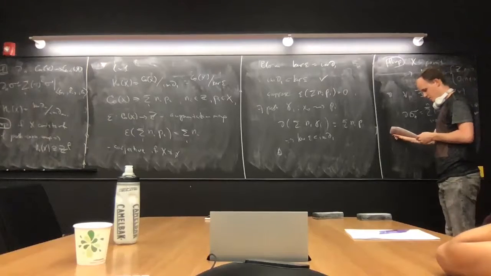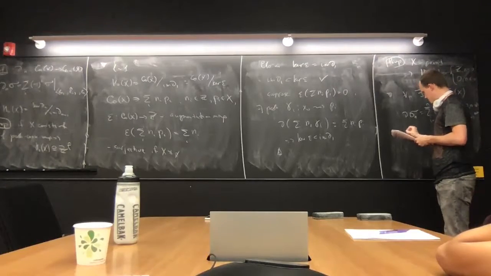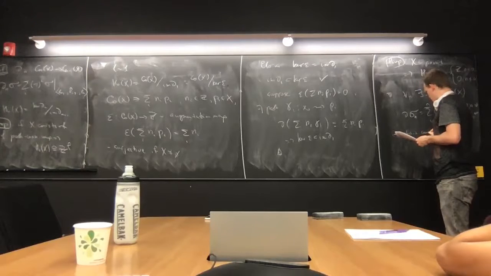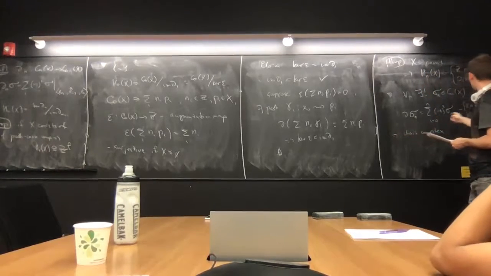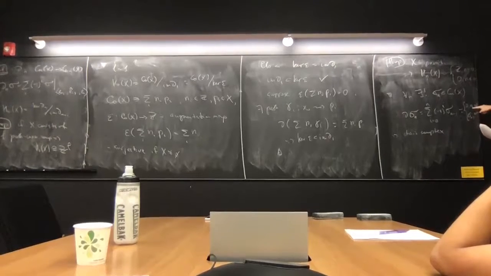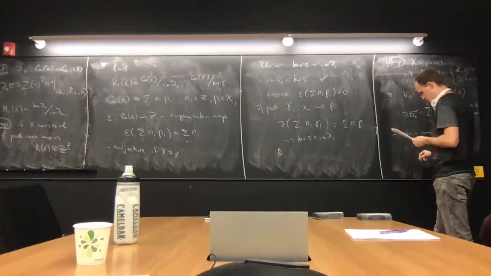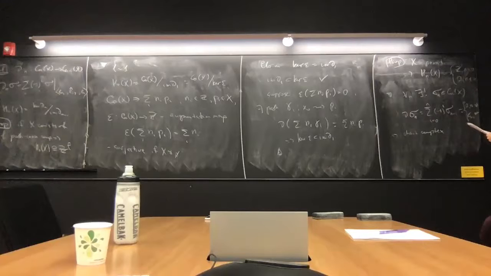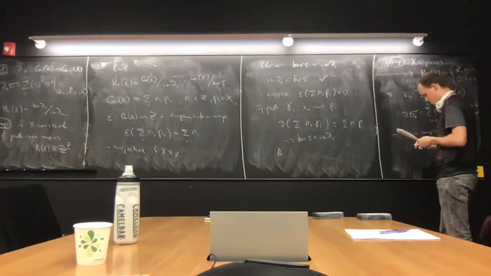So therefore, the chain complex looks like this. C0 is Z, C1 is Z, C2 is Z, etc. They're all Z. The morphisms d are either 0 or an isomorphism.